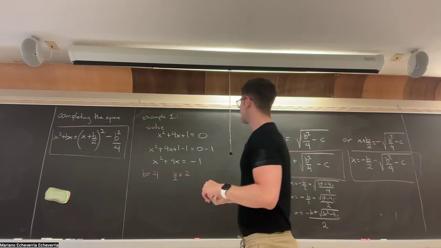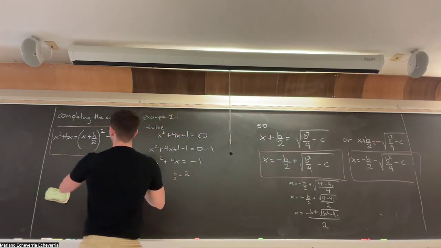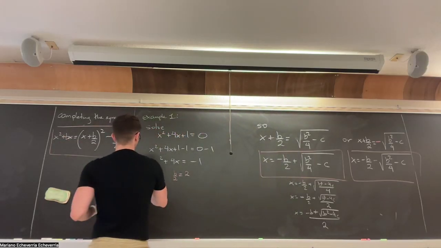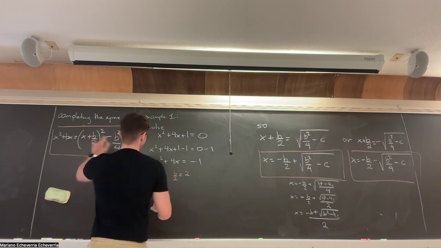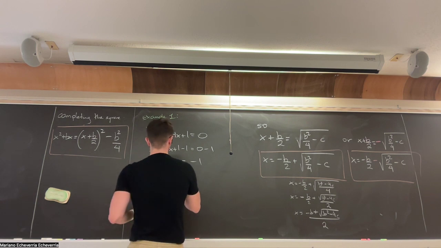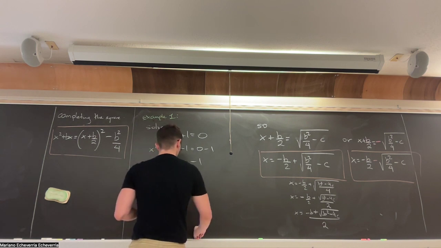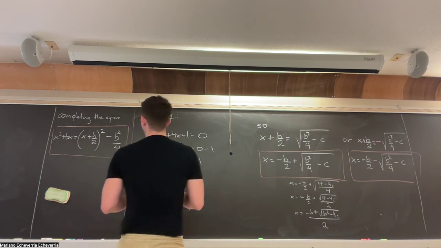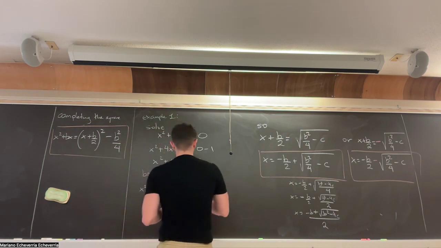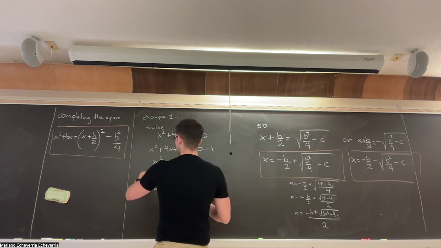So the completing the square formula says, what does x squared plus 4x become? It becomes x plus b over 2, b over 2 is 2, so x plus 2 squared, minus b squared over 4. b squared is 16, so 16 over 4.